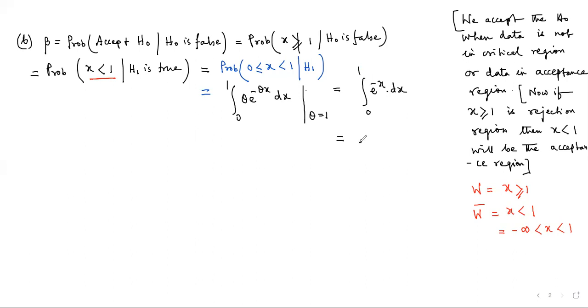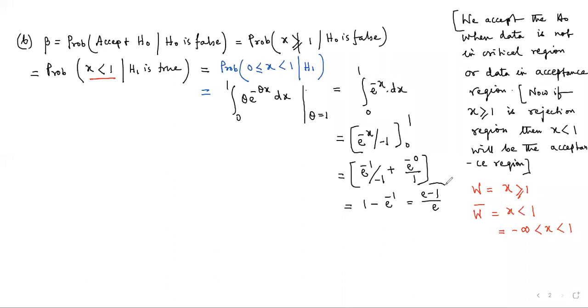And the rest is very simple. If I put the upper and lower limits, we are going to get the probability with which you can commit the type 2 error for the given problem.